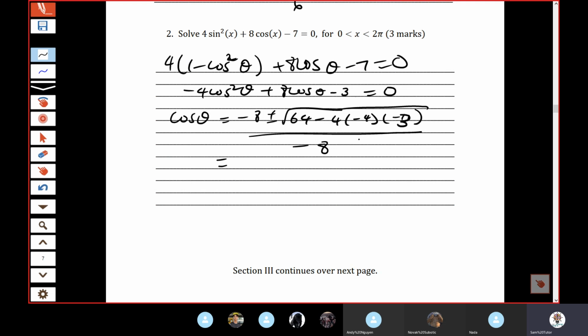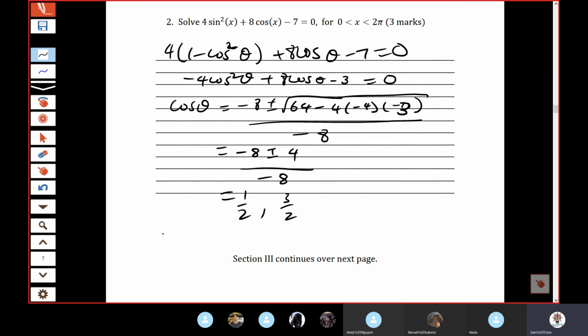Let's go again. 64 minus 4 times, bracket negative... There we go, 16. Square root of 16 is 4. That's nice now. Minus 8 plus 4 on negative 8 is a half. Minus 8 minus 4 on negative 8 is 1.5.